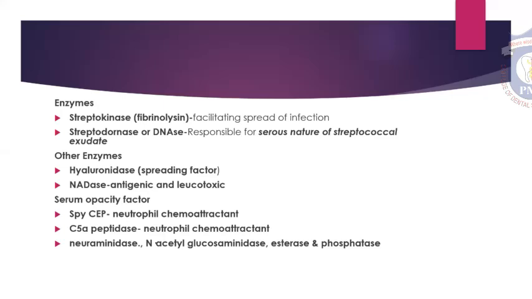NADase, which is antigenic and leukotoxic. Next is serum opacity factor. Then there is SpyCEP, which is a neutrophil chemoattractant. C5a peptidase is also a neutrophil chemoattractant. Then other enzymes involve neuraminidase, N-acetylglucosaminidase, esterase, and phosphatase.